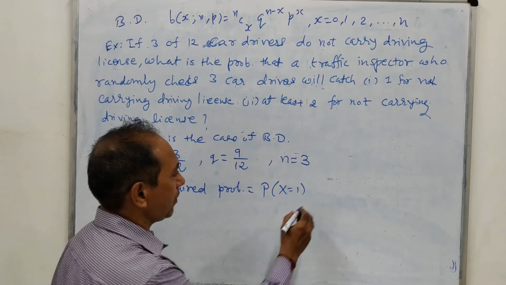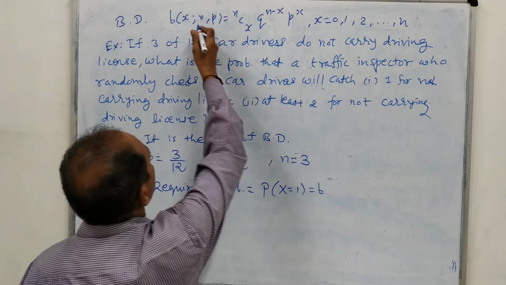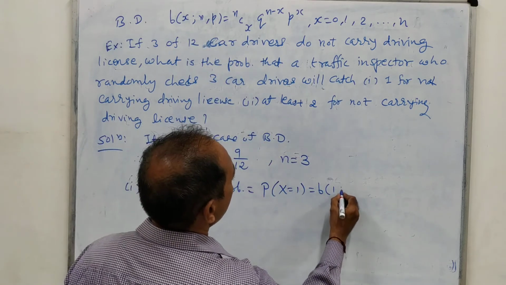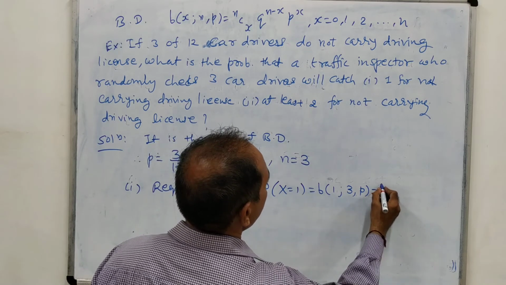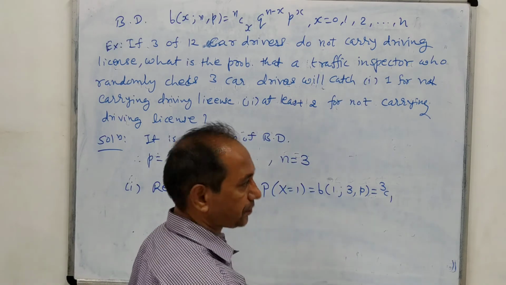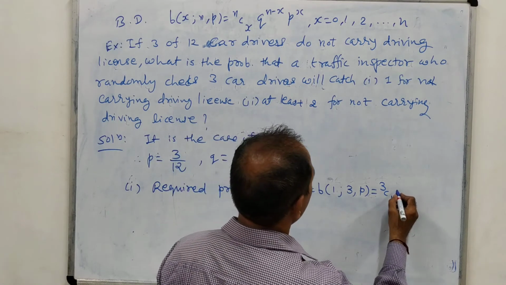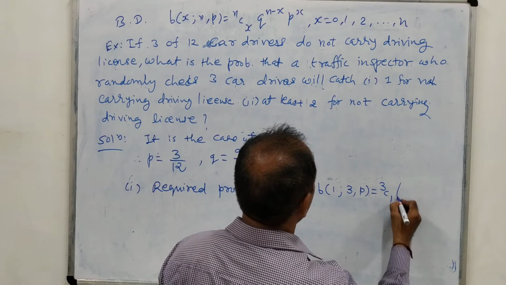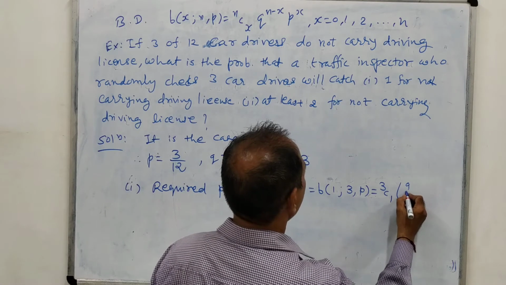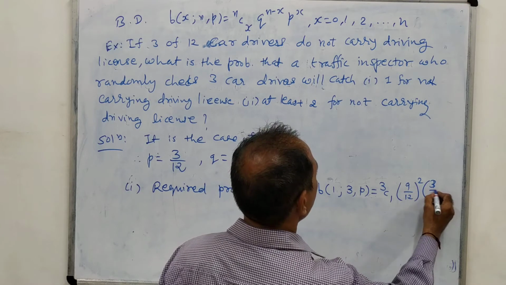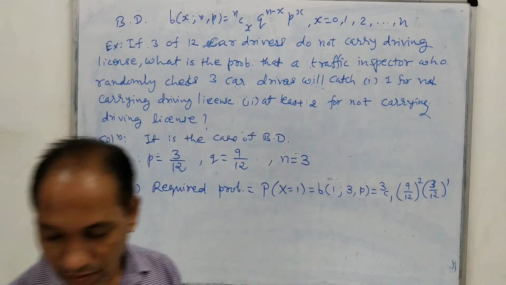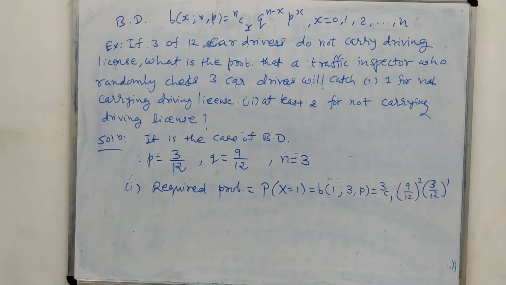That means B(1; 3, p), and this is nothing but 3C1 into probability q, (9/12) whole raised to 2, into (3/12) p raised to 1. Okay, so this is the solution.